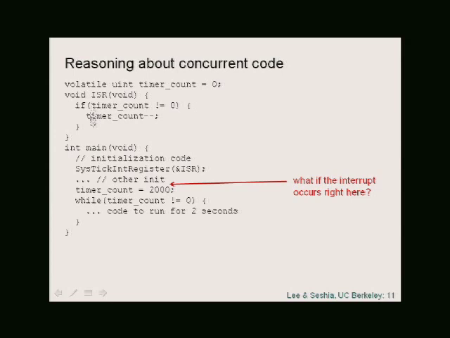Okay. So what happens if the interrupt occurs right after the write to timer count? So I set timer count to 2000, and then the interrupt happened. You start losing time. Certainly an interrupt has happened, so 1 millisecond has elapsed, right? So we're already counting down, right? But what else could happen?